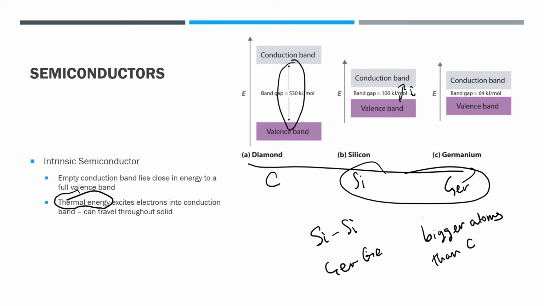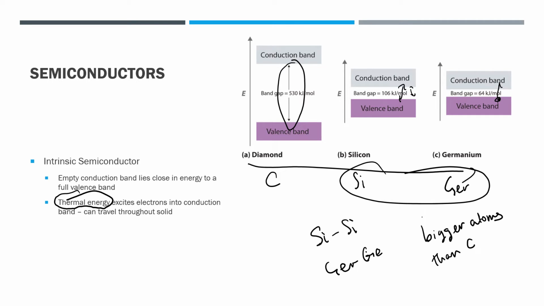Exciting an electron out of the valence band, what does that even mean? That's sort of analogous to partially breaking the bond. If the valence band is like the bonding orbitals almost, so if I take an electron out of this valence band into the conduction band, it's almost like I'm taking an electron out of the bonding orbital and putting it in an anti-bonding orbital.